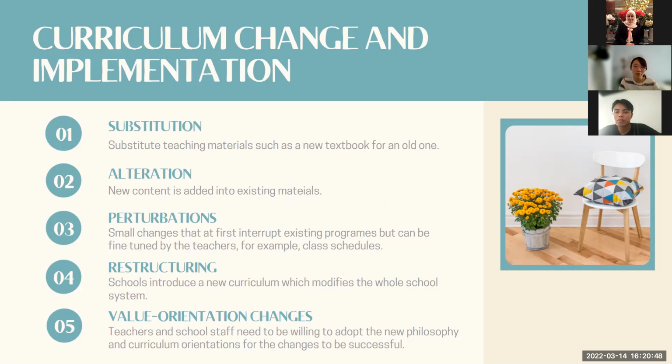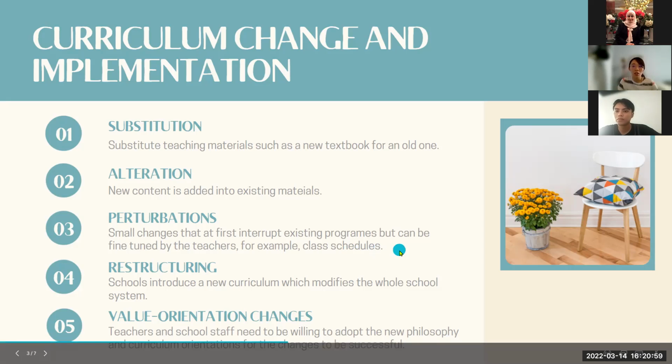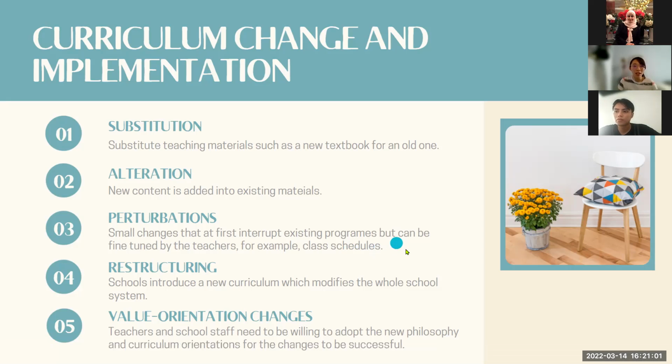But teachers can fine-tune these changes to fit into the new curriculum. An example is class schedules. Maybe more time needs to be spent on certain activities, and this is under perturbations of curriculum change.